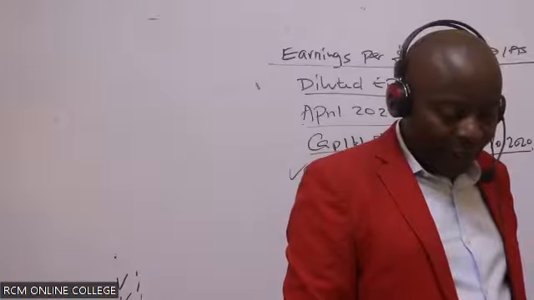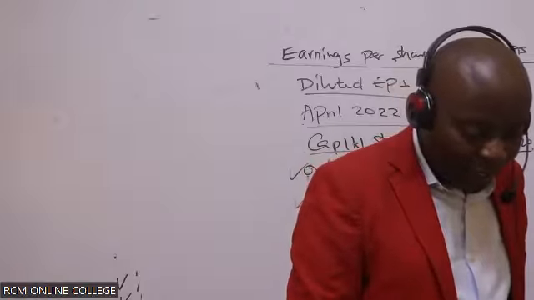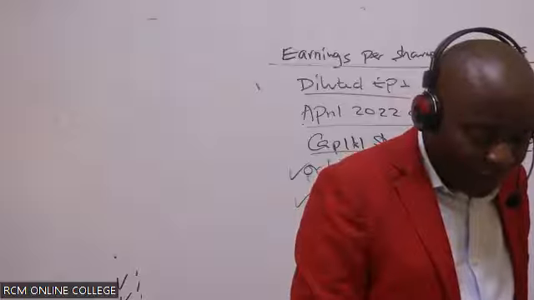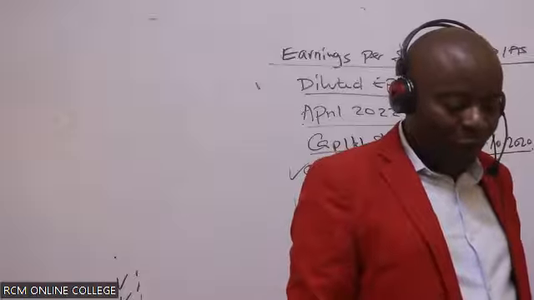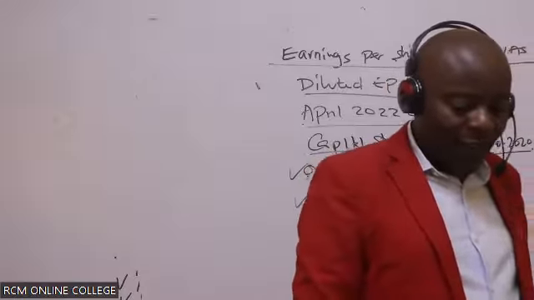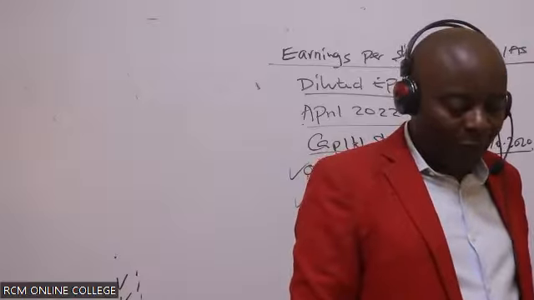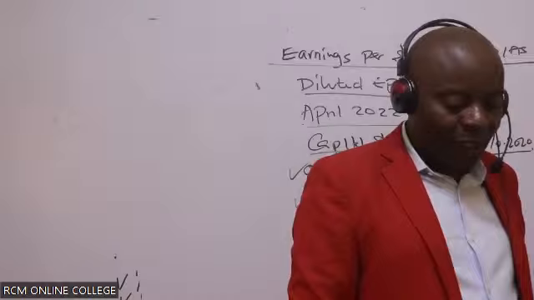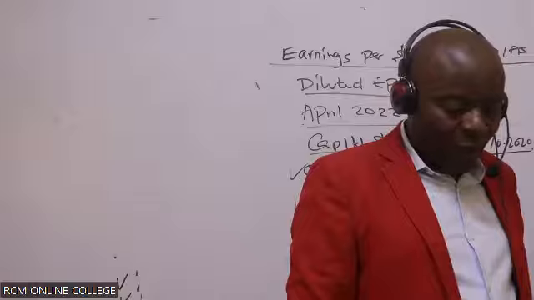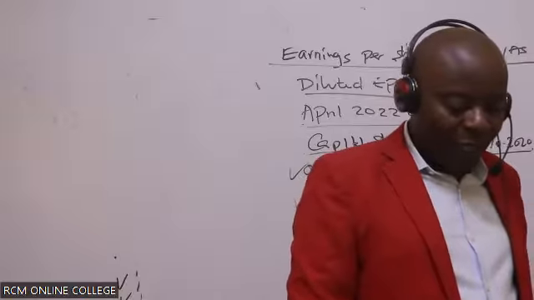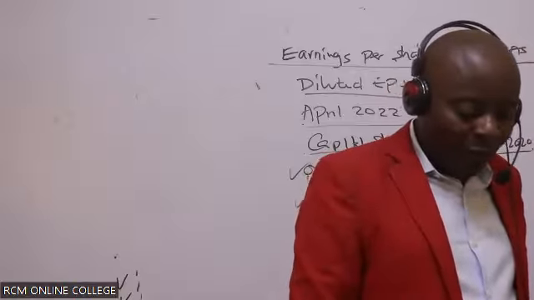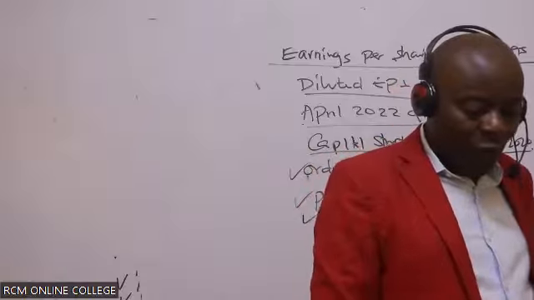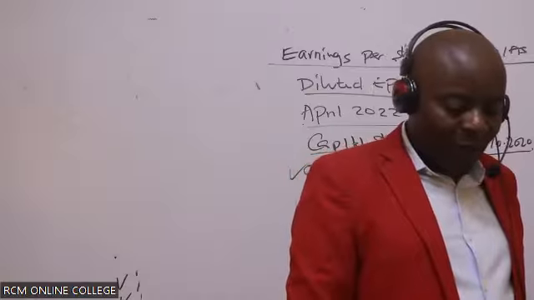R Limited's profit for the year ended 30th September 2021 from continuing operations was 14.575 million, and for the year ended 30th September 2020 was 15.1 million. The following transactions took place during the year ended 30th September 2021. On 1st January 2021, the company issued 1.8 million ordinary shares in a 1-for-5 rights issue at a price of 2, when the market price per share on a cum-rights basis was 5.